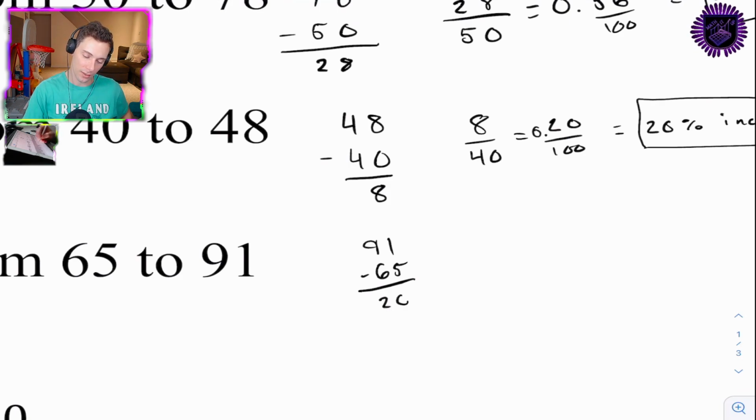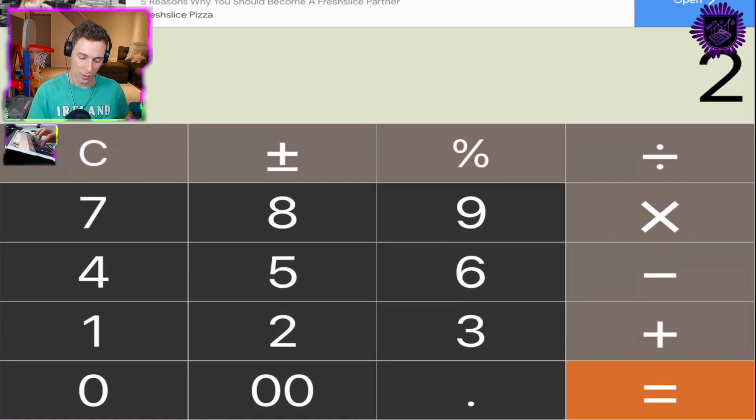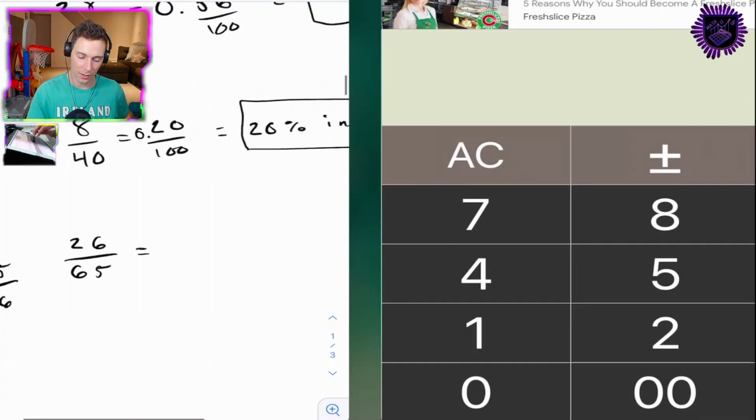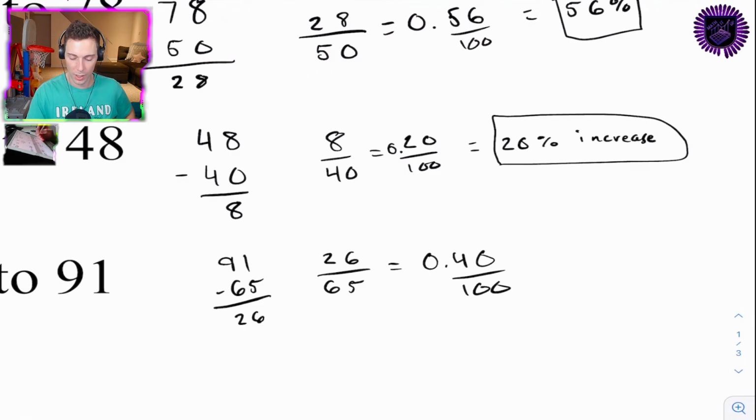Difference is 26. And so 26 over 65 is equal to what decimal? 26 divided by 65 is 0.4. Interesting. 0.4, 40 over 100, which is equal to 40% increase.